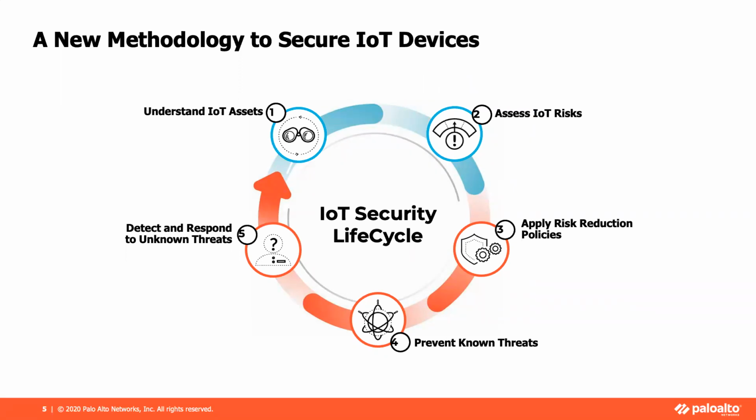Third thing is, based upon those assessments of risks, we need some way to prioritize and reduce the attack surface and the risk. Well, the best way to do that is in an automated fashion.